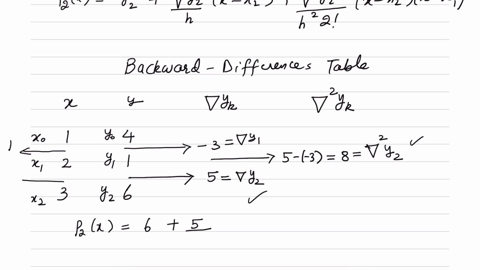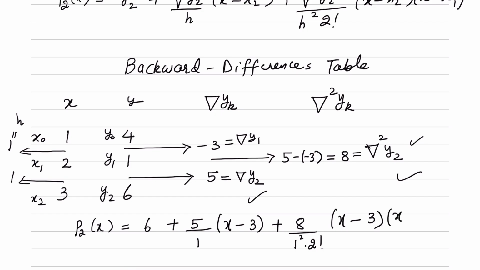The difference between 2 and 3, which is 3 minus 2, is 1. So h here is 1. Into x minus x2, x2 is 3, plus backward square y2, which is this 8, divided by h square, which is 1 square, which is 1, into 2 factorial, into x minus x2, which is 3, into x minus x1, which is 2.